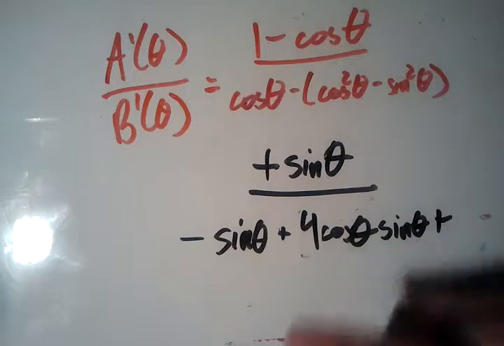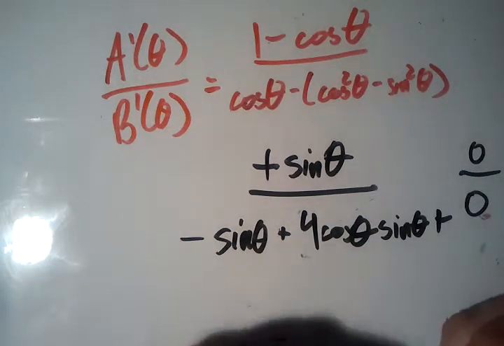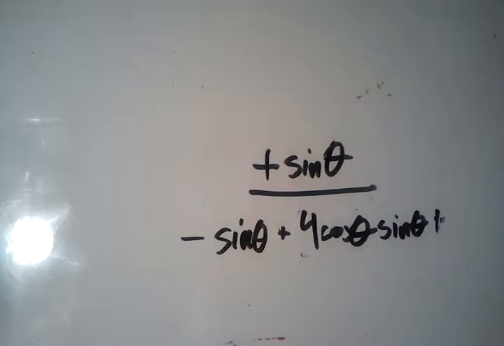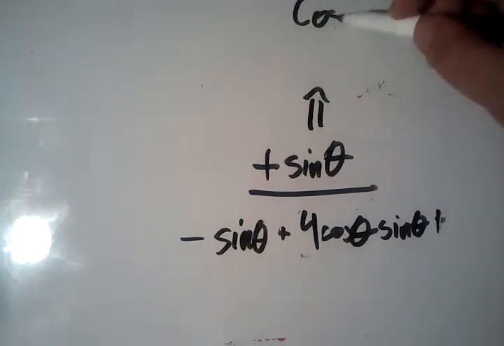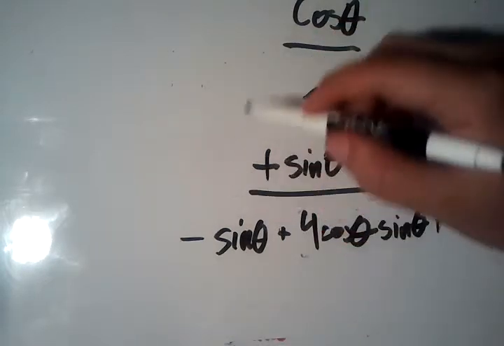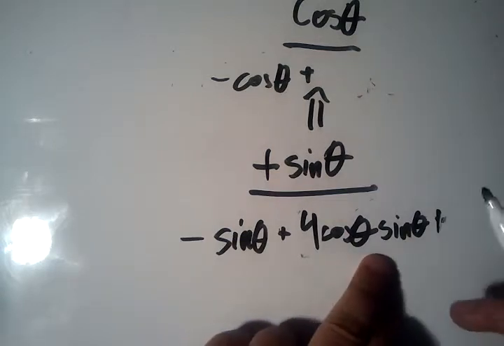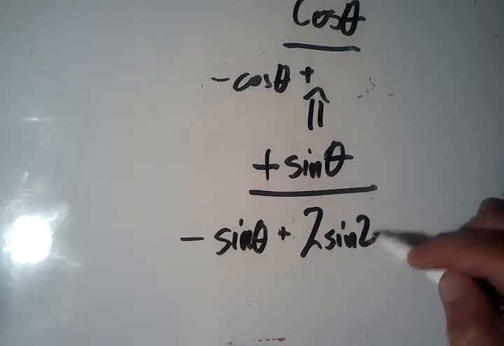If we try to put 0 into here, we're going to get sine of 0, 0 over 0 again. So let's use L'Hopital's rule one more time to try to solve this, and we will get to our answer. We're going to get cosine of theta all over negative cosine theta plus, and this 4 cosine theta sine theta can be compactly written by a double angle identity as 2 sine 2 theta.